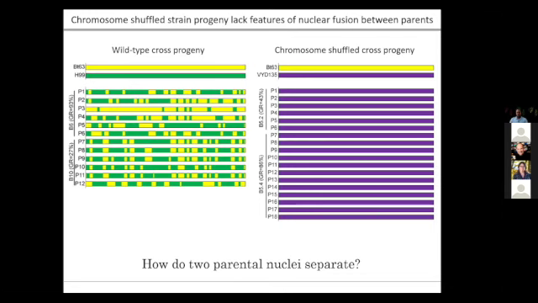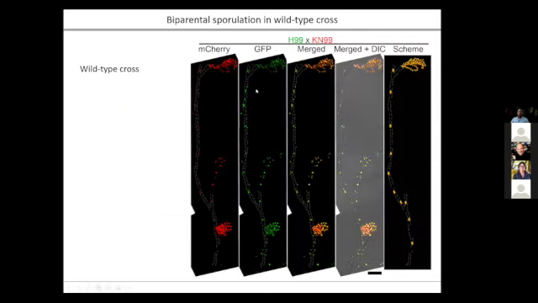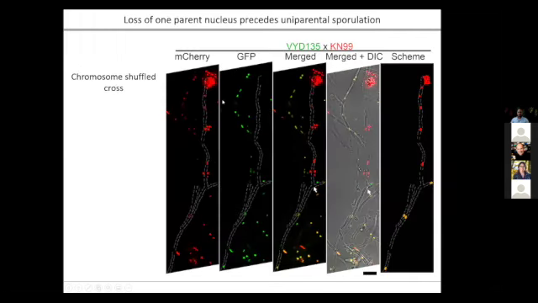So when do the two parental nuclei separate? To understand that, we imaged long hyphae which had spores on top of them. In this case, if you do this for wild type, you have these spore chains which have both red and green fluorescence, and you can track the location of the nuclei in these hyphae, and they have both red and green fluorescence throughout the length of it. If you do the same thing for the chromosome shuffle cross, in this case I'm showing you one basidium which had red spore chains on it.